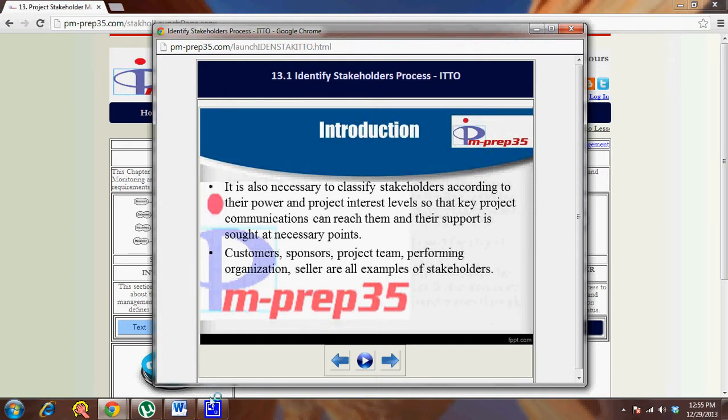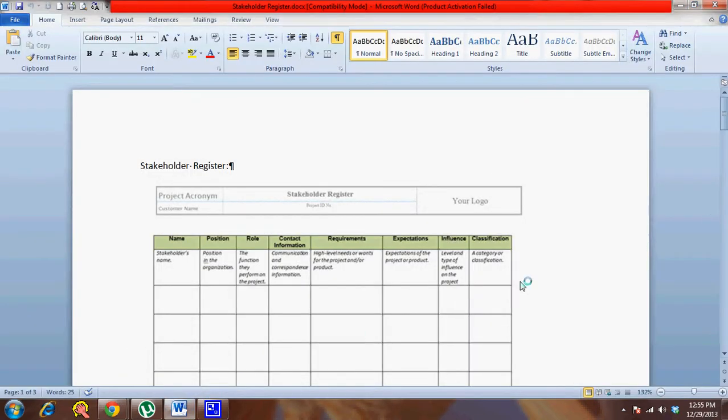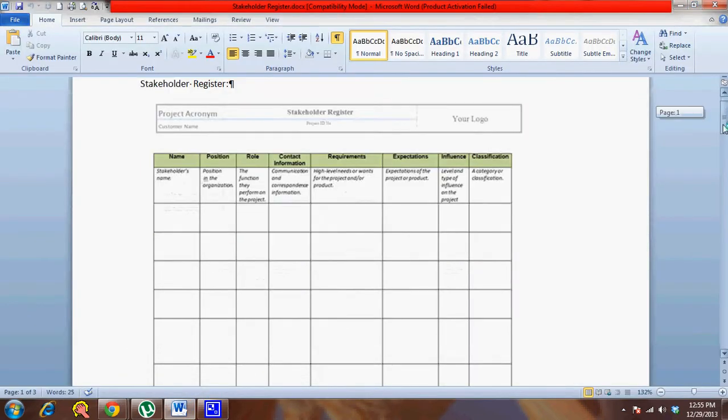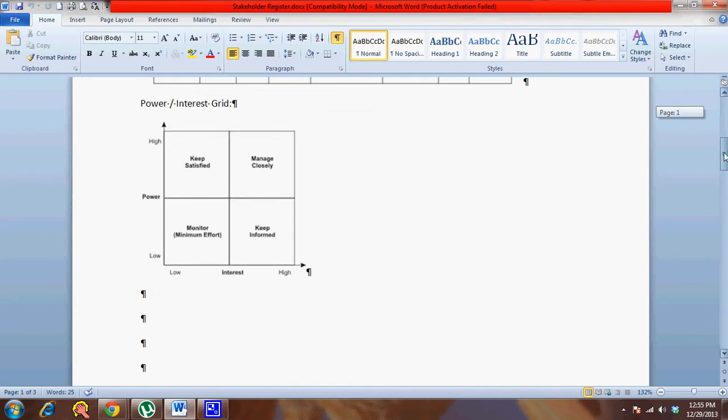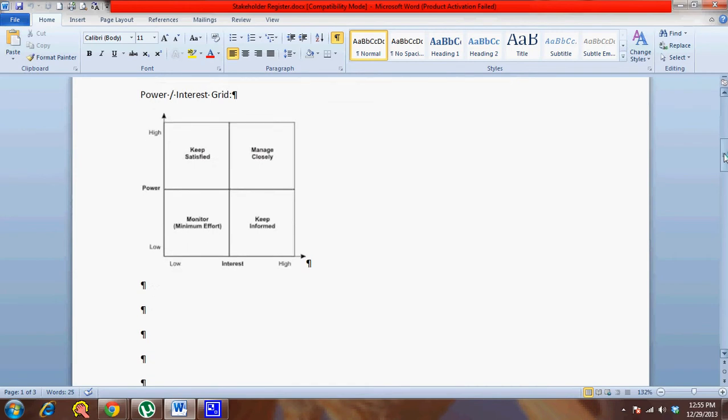When you talk about power, influence and all that, it's necessary to look at the different grids normally used to classify the stakeholders. There is a power interest grid. The power interest grid plots the power on the y-axis and the interest on the x-axis. Based on that, you can plot your different stakeholders in different quadrants, as you can see.